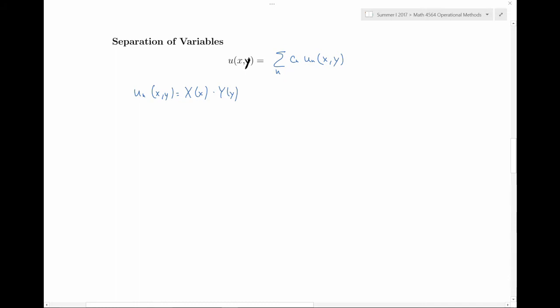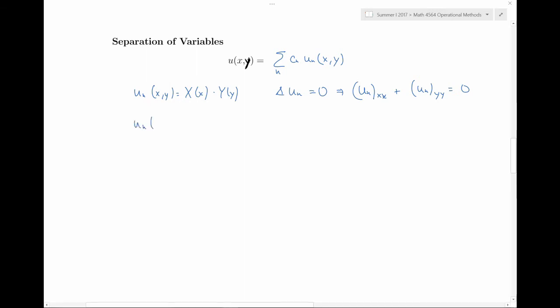And then u sub n satisfying the Laplace equation, meaning that u sub n xx plus u sub n yy should be 0. We assume that each one of those u sub n satisfy the boundary conditions where the boundary is 0.